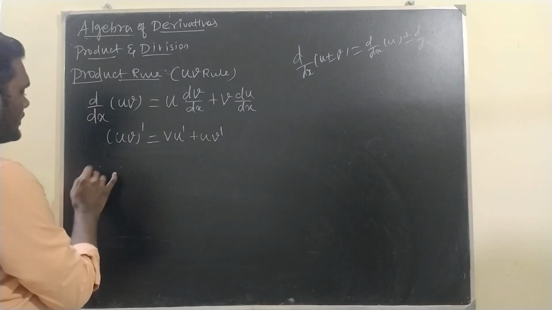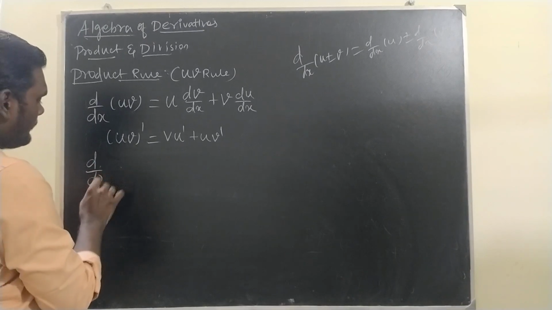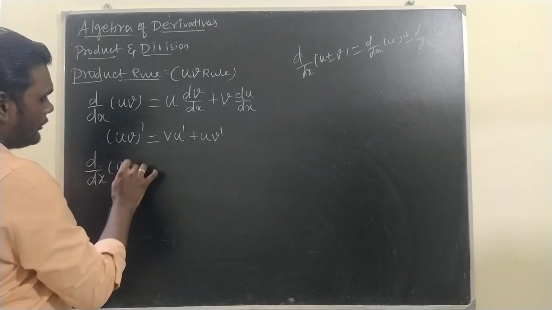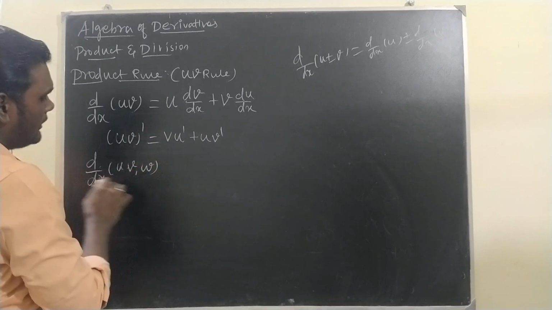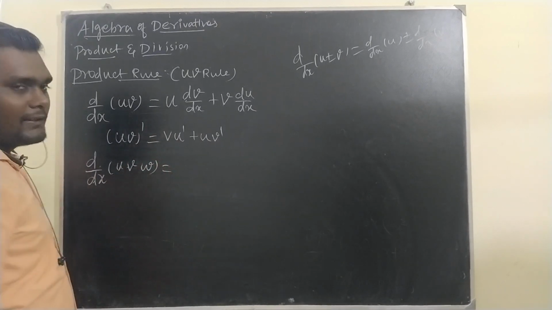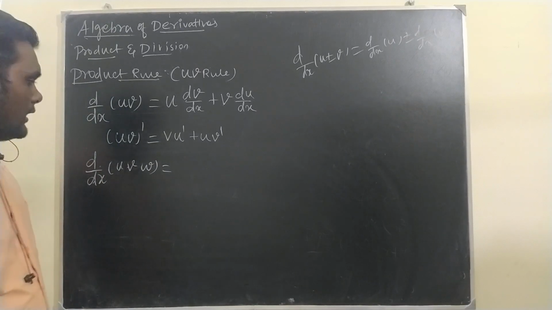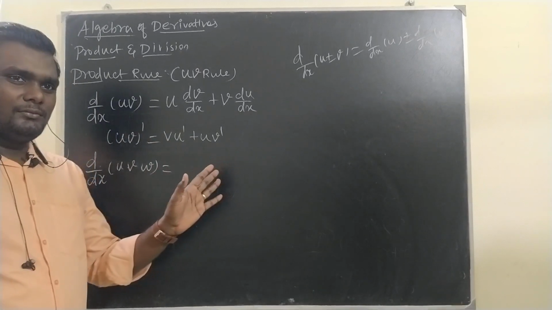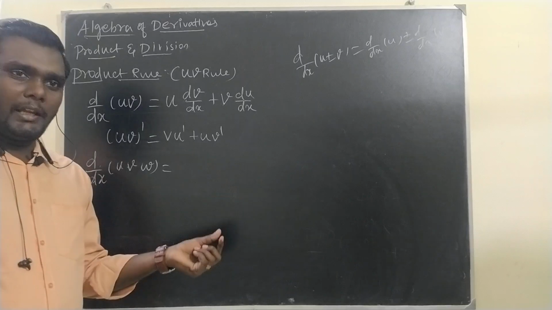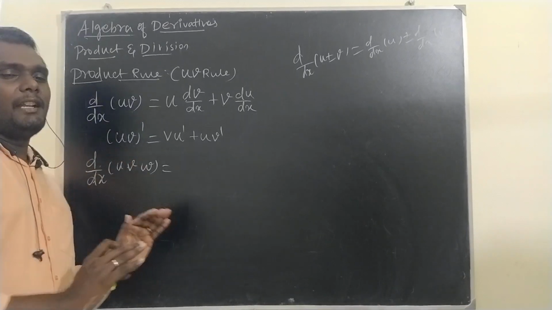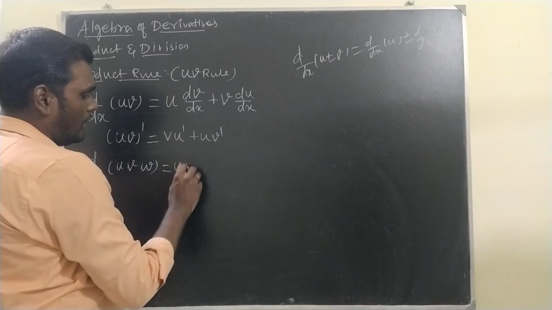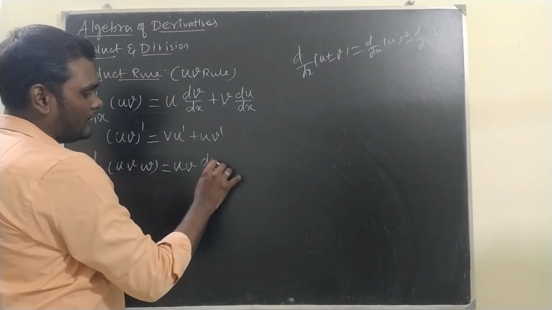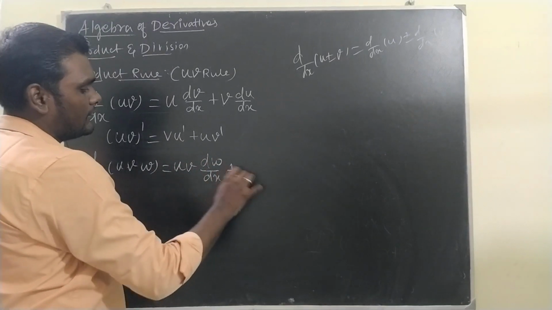Suppose more than one function. d by dx of u, v and w, all three things are in product. Then what you have to do? The same rule. One by one we derive, keeping the remaining two as it is. See, u and v I am keeping as it is, dw by dx.